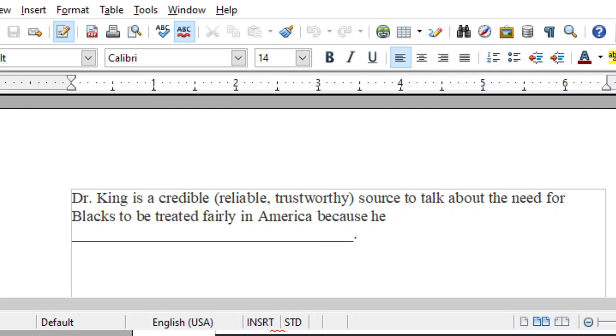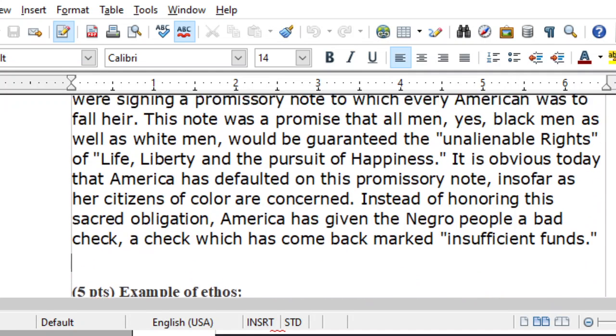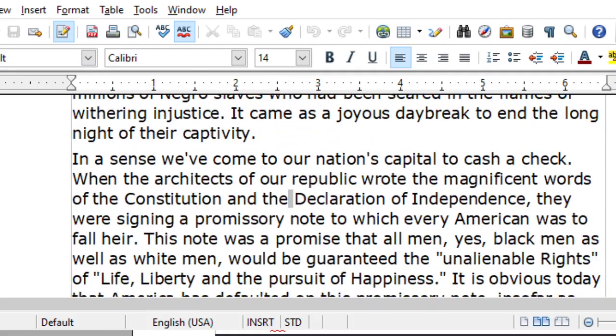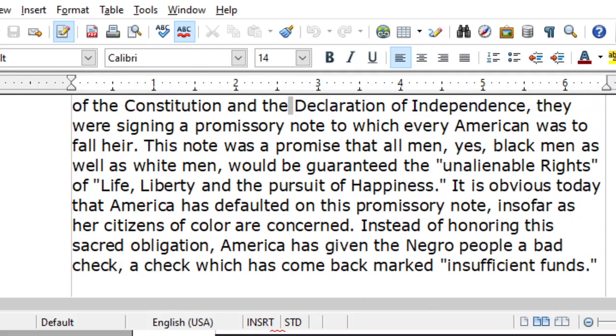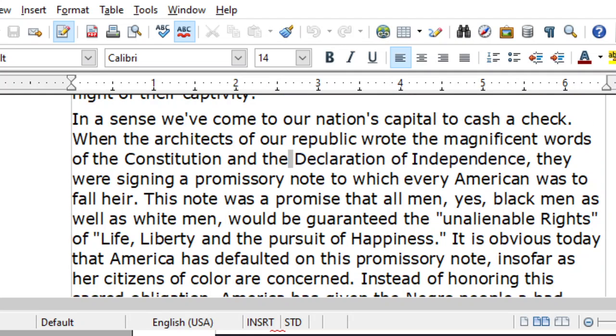In these 2 paragraphs, what did he say that made him a reliable, trustworthy source that you should believe what he's saying? He's saying that black people need to be treated fairly in America.